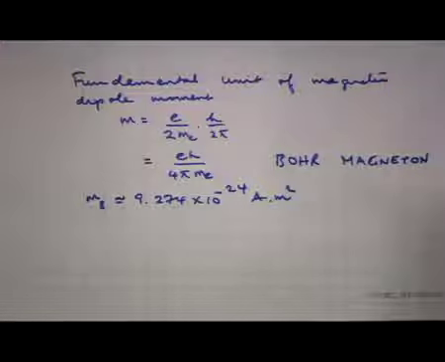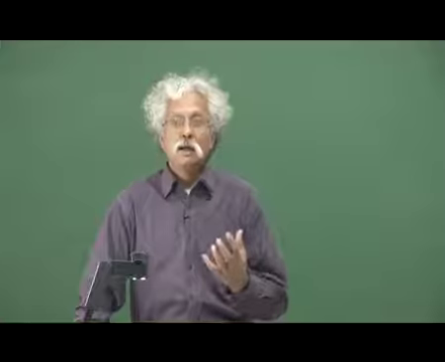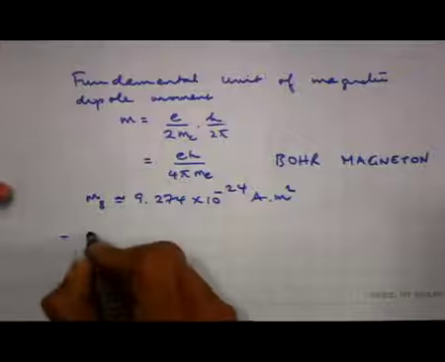And so, I can associate with the orbital motion of the electron in an atom an orbital dipole moment, which is represented by the Bohr magneton. So, electrons orbiting around the nucleus have their own magnetic moment, which is also referred to as orbital magnetic moment.